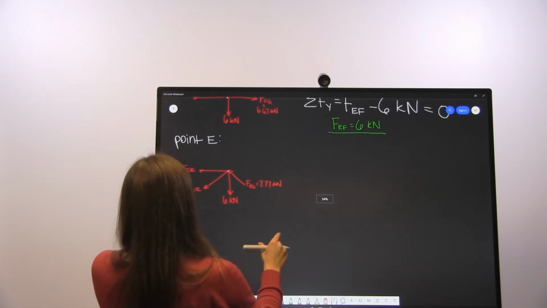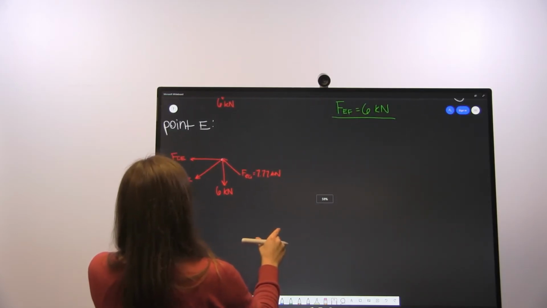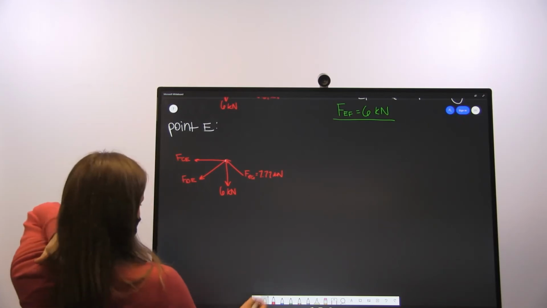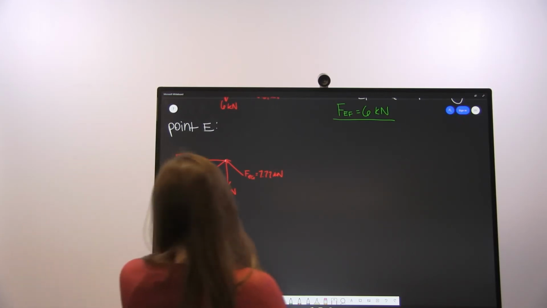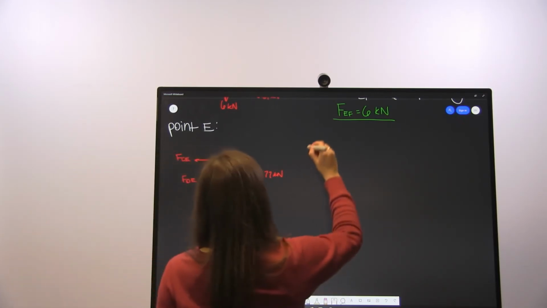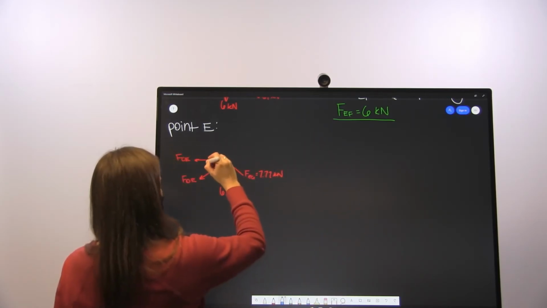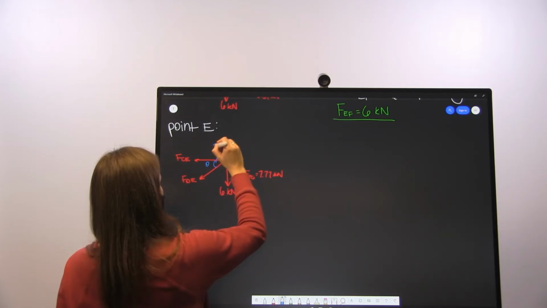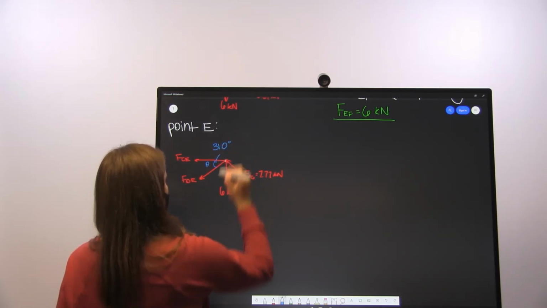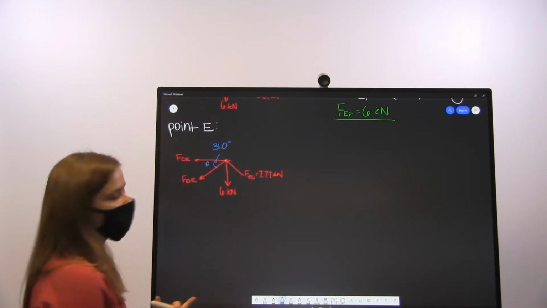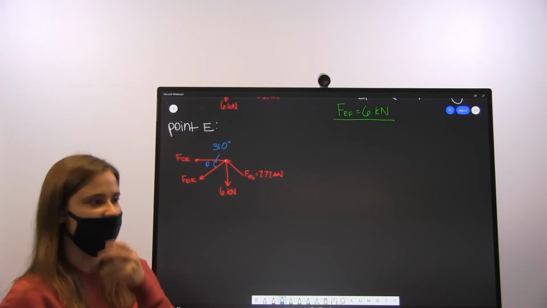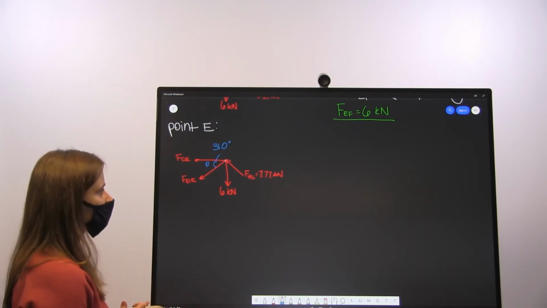Okay, so from here, we're going to write up our equilibrium equations. And it's important to note that this is the same theta as before. This is also going to be 31.0 degrees. That's just from our initial analysis of the frame when we took into account the different triangles in the system.